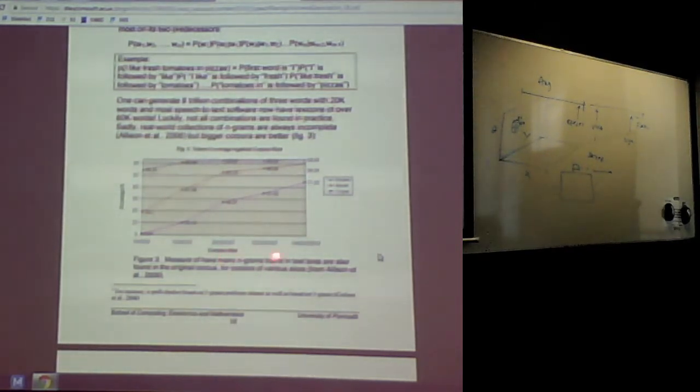So how many n-grams found in the test text are also found in the original corpus? So 98% of 1 grams are covered in this 1 million word book. So basically all the words of English are probably used in this 1 million word book.